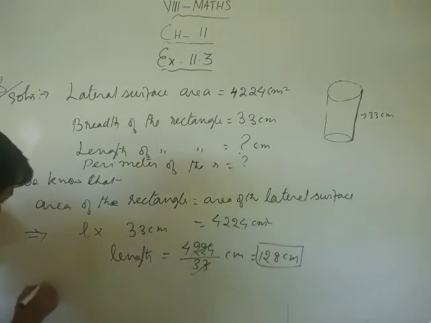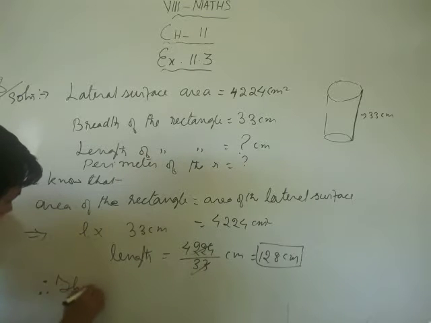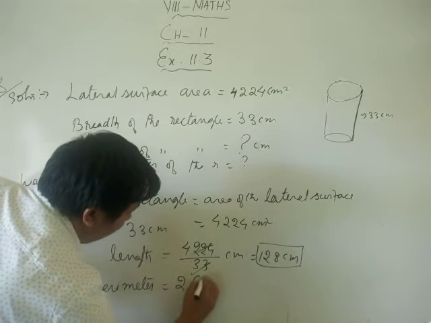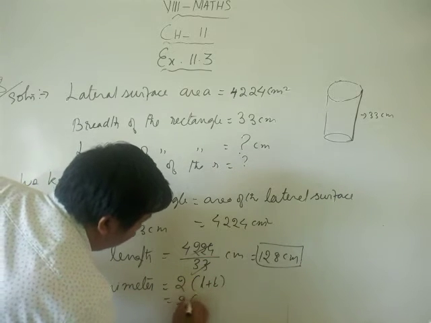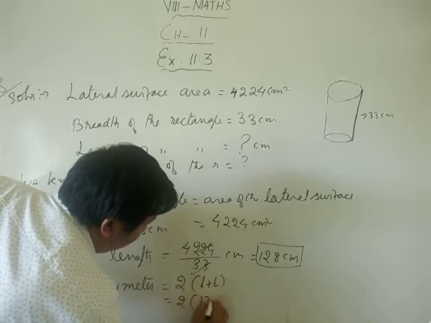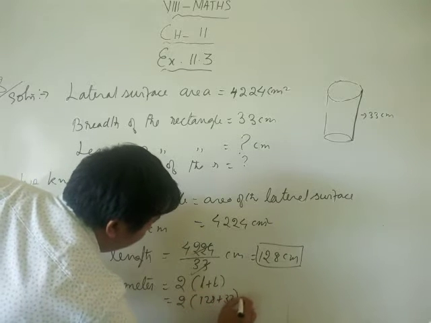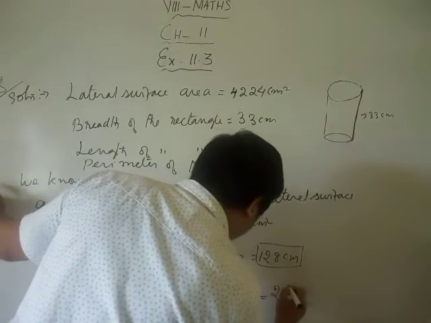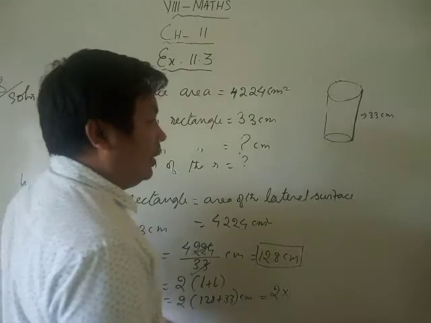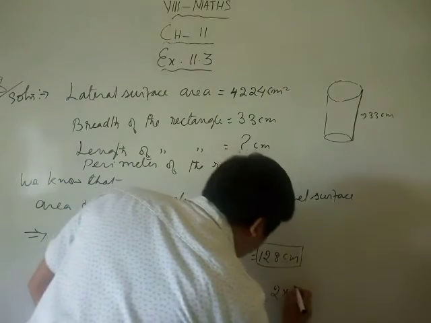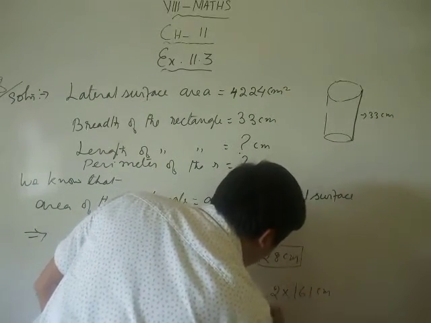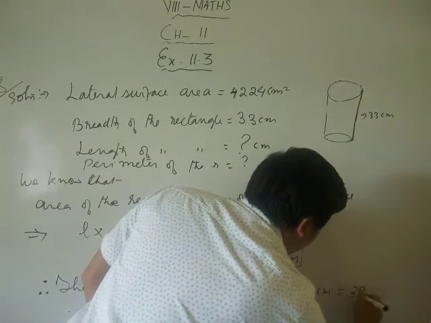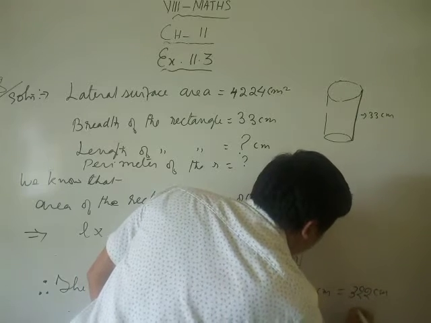Therefore, the perimeter is equal to twice (L plus B), that is 2 into (132 plus 29), which is 2 into 161 centimeters, equal to 322 centimeters.